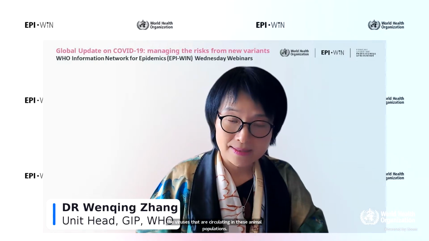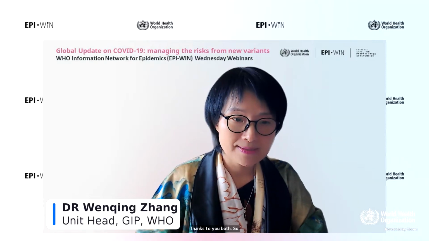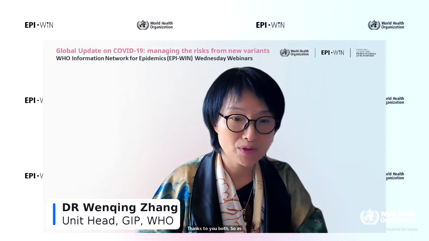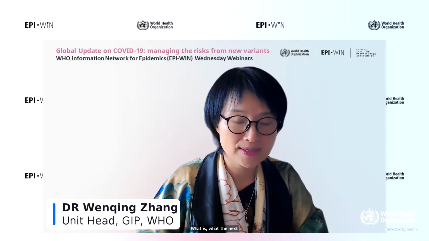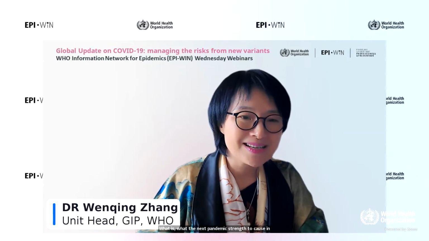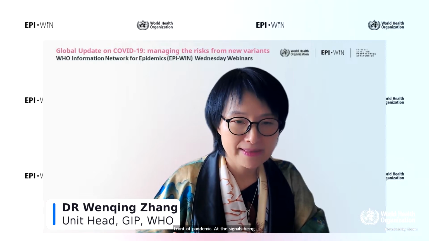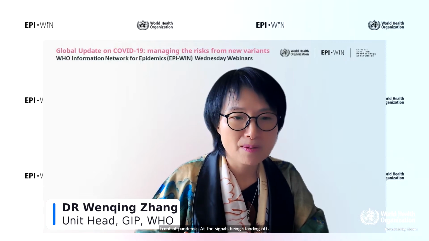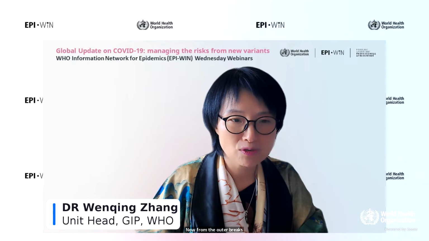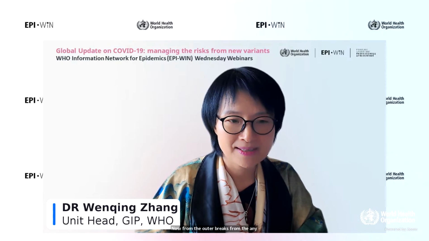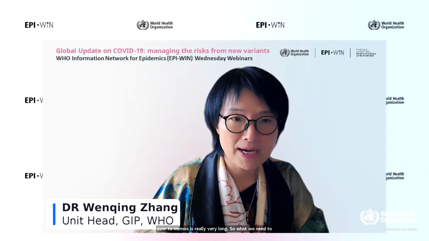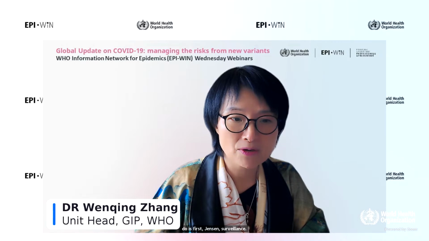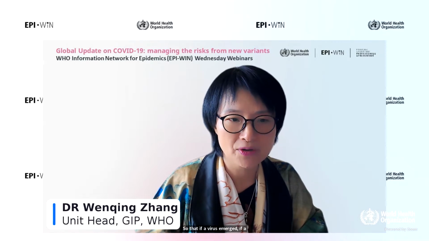Thanks, Nicola. Thanks to you both. As you just heard from our experts, at the moment we really don't know what strain will be the next pandemic strain to cause an influenza pandemic. But the signals being sent off now from the outbreaks, from the avian influenza spillover to mammals, are very alarming. So what we need to do is first strengthen surveillance, so that if a pandemic virus emerged, we would be able to pick it up very quickly.